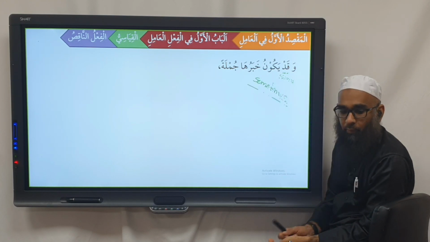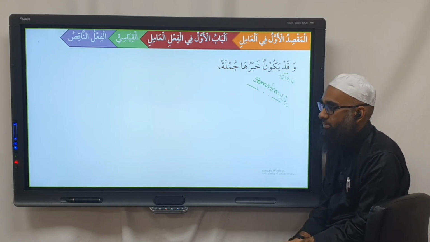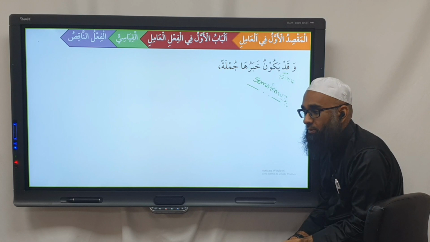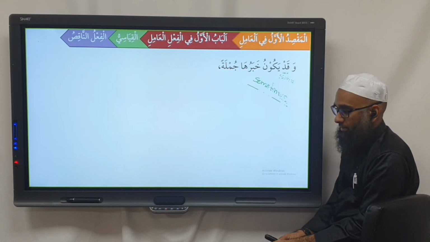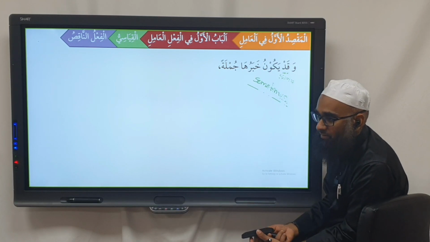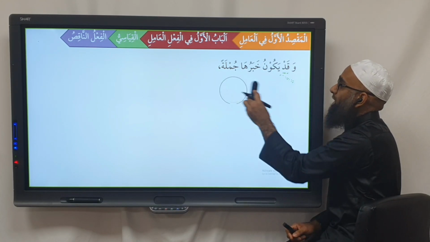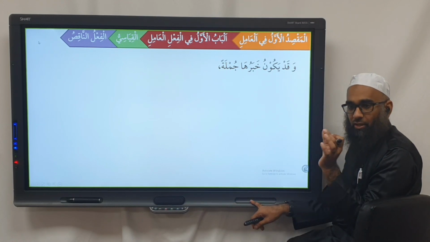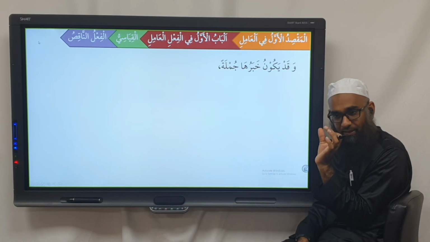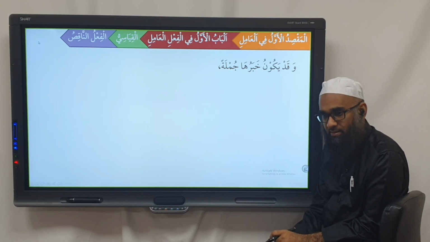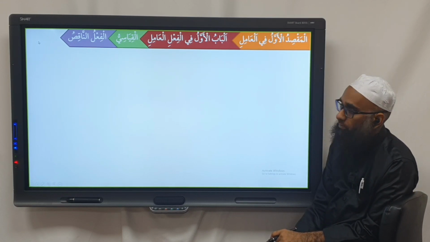So يَكُونُ خَبَرُهَا جُمْلَةً means sometimes its khabar will be a sentence, meaning the khabar of kana and laysa will be a whole sentence. Just keep that in mind, the note. So far so good?